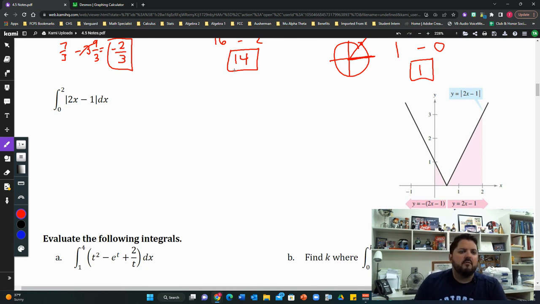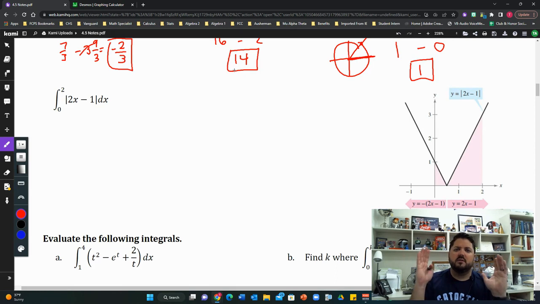So for this guy, the integral from 0 to 2 of the absolute value of 2x minus 1 dx. Now, we have the graph of this guy over here, and I'll get to that in a second. But the issue with this function is the function that's defined inside the integral to begin with does not have an integration rule or an antiderivative rule.